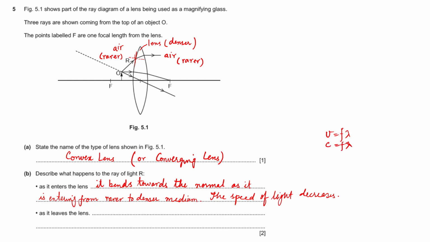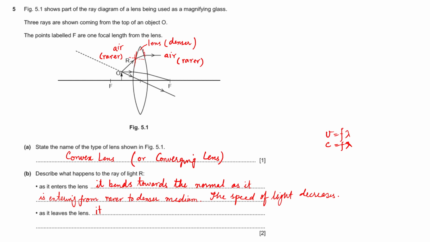When the speed decreases, every frequency has a different speed, and therefore we see the constituent colors of white light in a rainbow. Similarly, as it leaves the lens, as light enters from denser to rarer medium, it bends away from the normal.